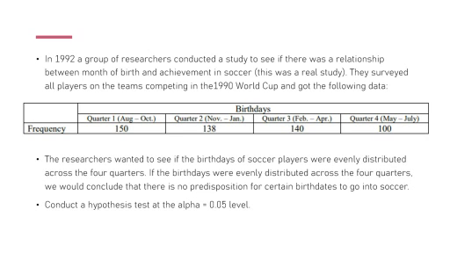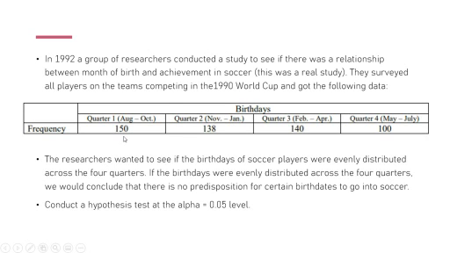They took the 1990 soccer players. This is a real study, and there is reasoning behind it, which kind of depends on how your school year goes, because you could be more mature or less mature, and the age cutoffs. But they wanted to see if it was an even distribution, with a 0.05 level of significance.